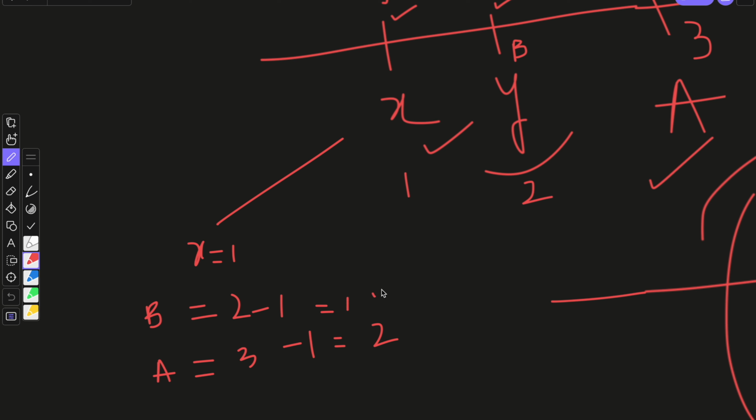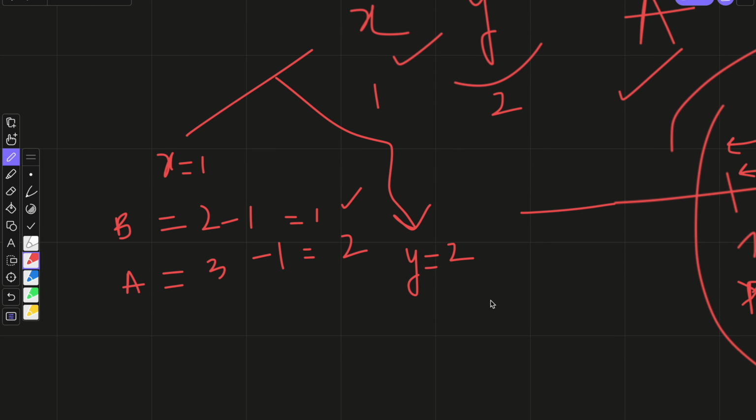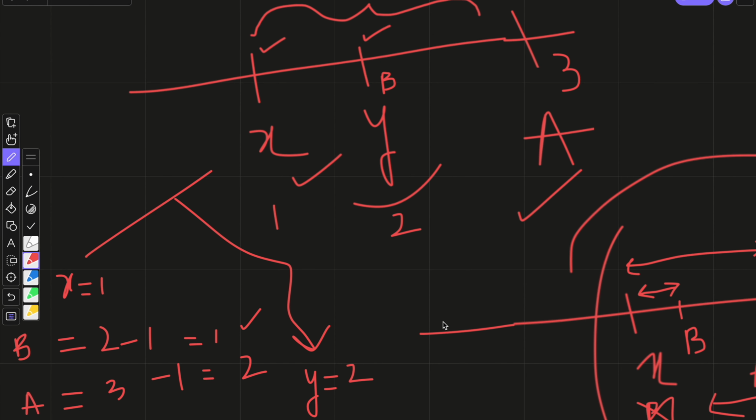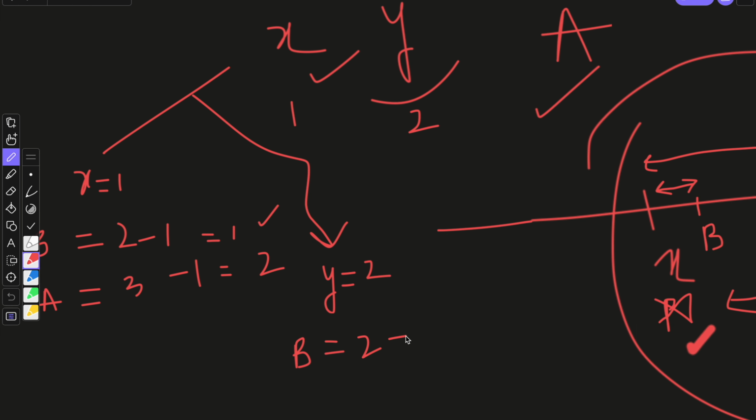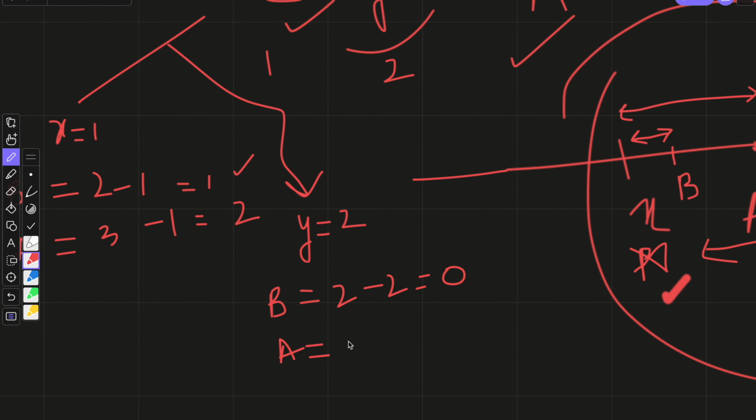So here Bob wins, and if the position of price is y equals 2, then the distance of Bob and the price is going to be 2 minus 2, that is 0. And Alice's distance is going to be 3 minus 2, that is 1.